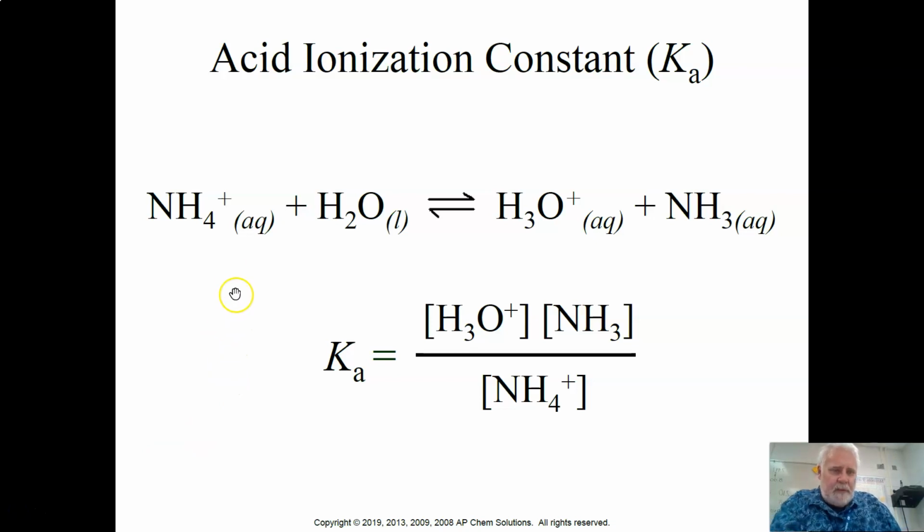Okay. Sorry about that. So again, this reaction, you can see the ammonium ion is acting as if it's an acid because it donates its hydrogen to the water, and that means the water is acting as the base here and has a really strong conjugate acid.